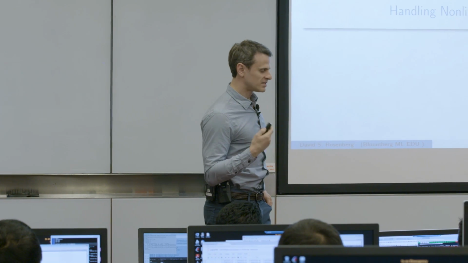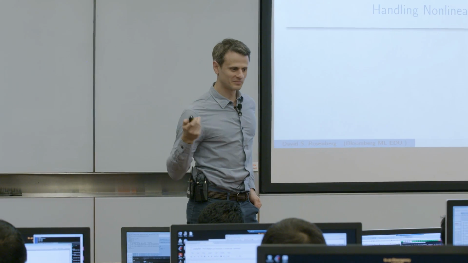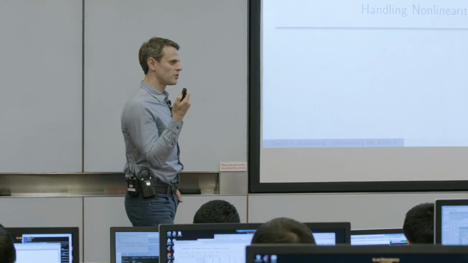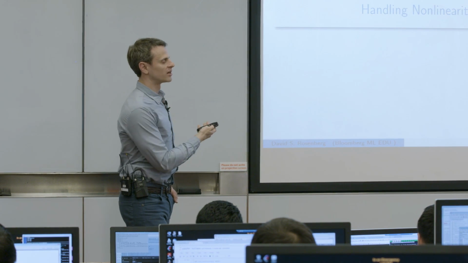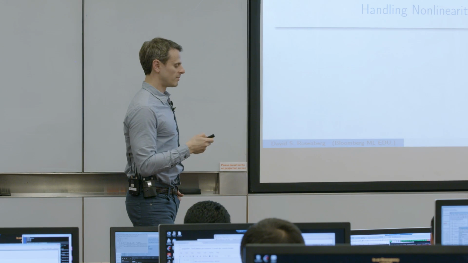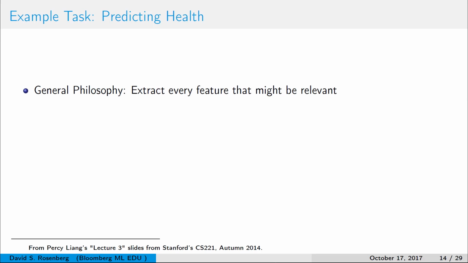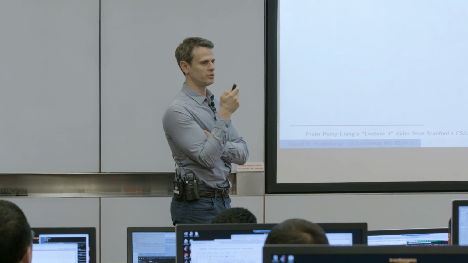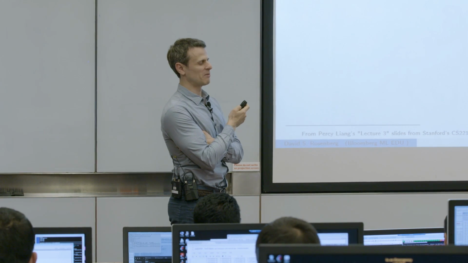So if you want to make a prediction function that's nonlinear in your input, you're going to have to put those nonlinearities in yourself. We're going to talk about different ways to put in these nonlinearities and what you might want to look out for. Okay. So the general philosophy, again, is extract every feature that might be relevant and think less, have the computer do more. That's kind of a machine learning philosophy.